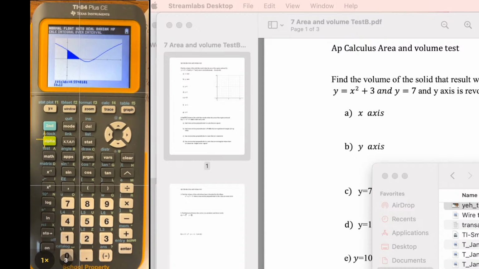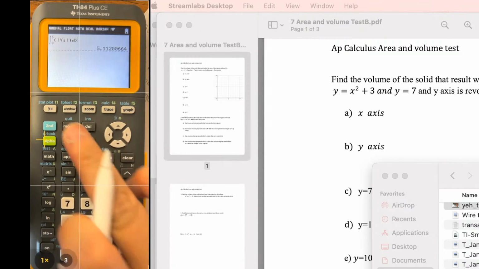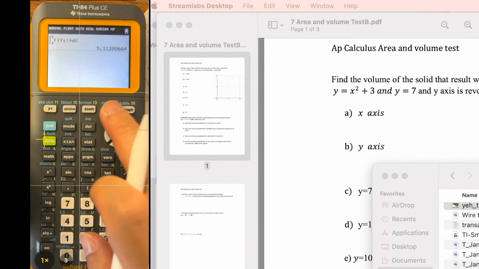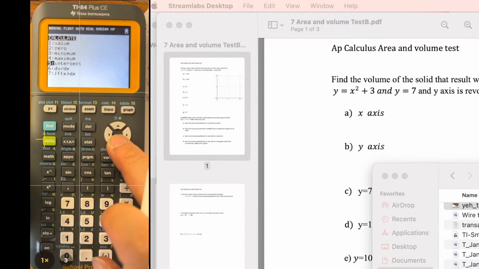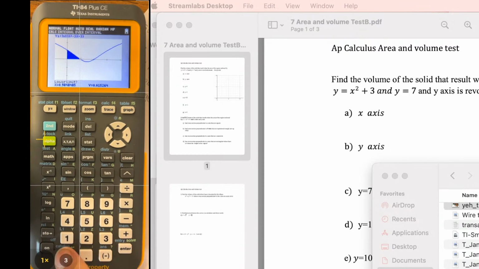Now, what if we go to 3 seconds? So we're going to check the endpoint. So the endpoint is at 3. That means you have to do the integral all the way there. So it'll be second calc. So second calc. And I'm going to do this all the way from 0 to 3.